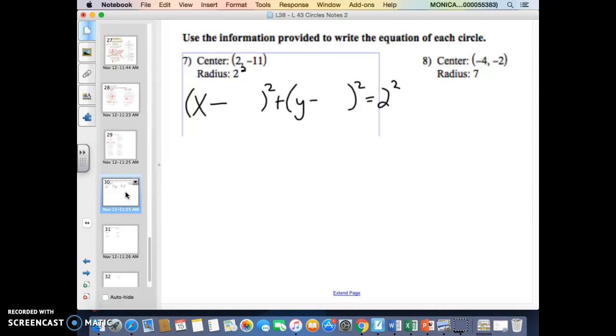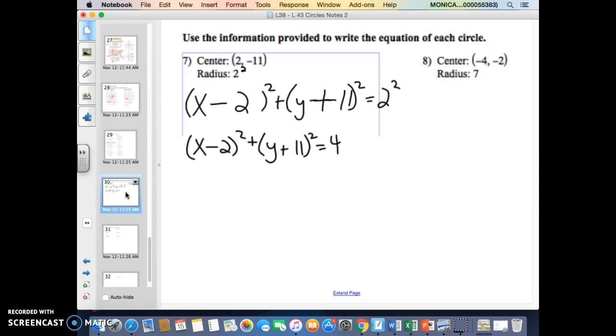Well, it's going to be x minus 2, y minus -11, and this double negative becomes a positive. So what you should notice is the center of your circle, in the equation it's exactly opposite what it was as a coordinate point. And then 2 squared is 4. So my final equation would be x minus 2 squared, sorry, I don't know why I keep saying y for x, plus y plus 11 squared equals 4.